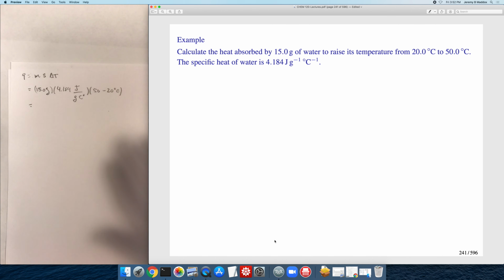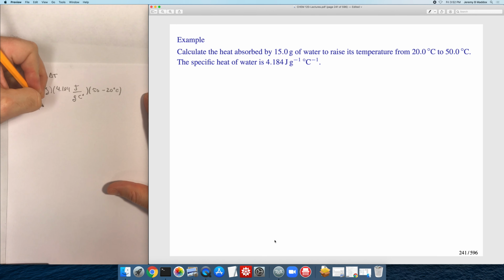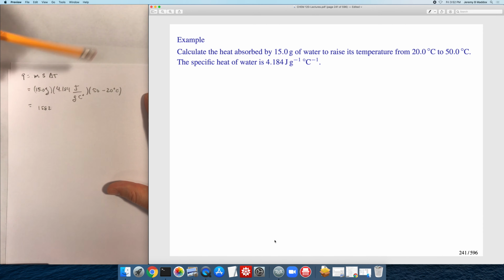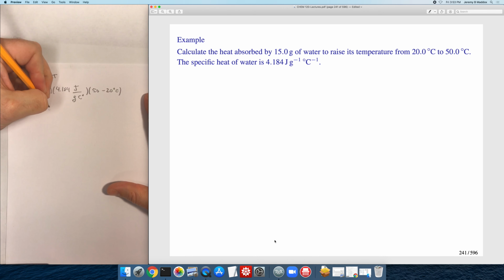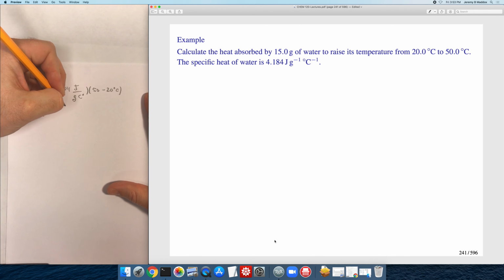Okay, and I'll start here with the temperature difference. 50 minus 20, well, this is 30 degrees is the temperature difference, times the specific heat, times the mass, and I'm getting 1,882. We'll round that, let's see, we'll write 1,882 joules.